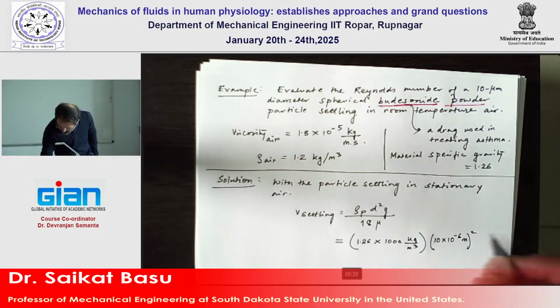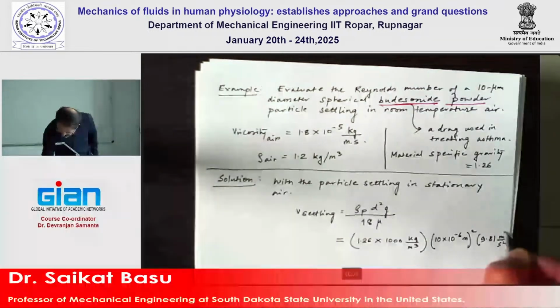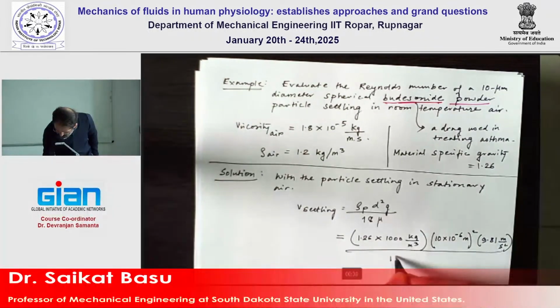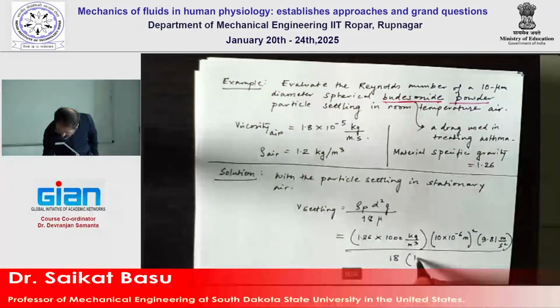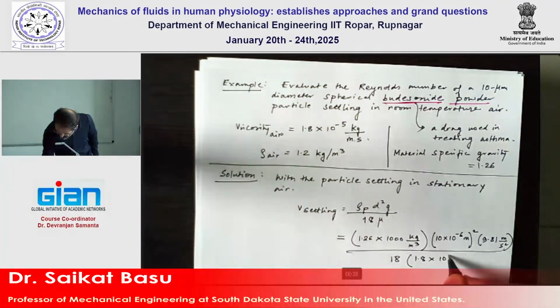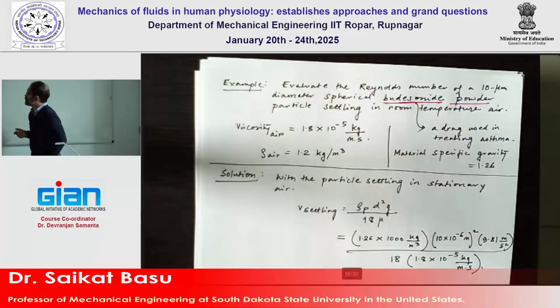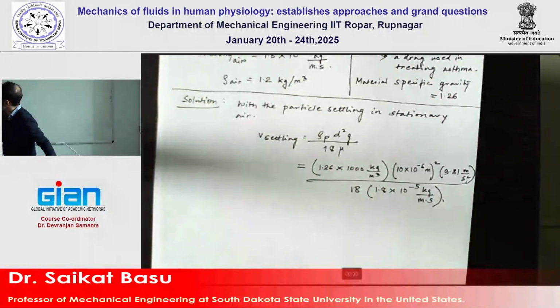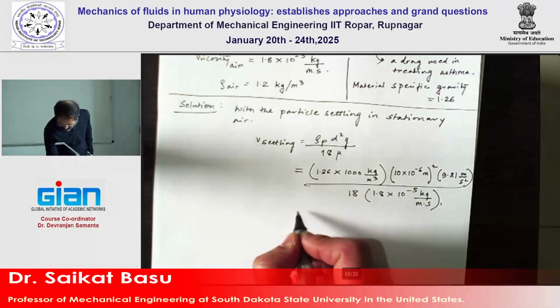And g is 9.81, divided by 18 mu. Mu is given as 1.8 times 10 to the power of minus 5 kg per meter second. I have double checked the dimensions, but it should be fine if you do the calculation.